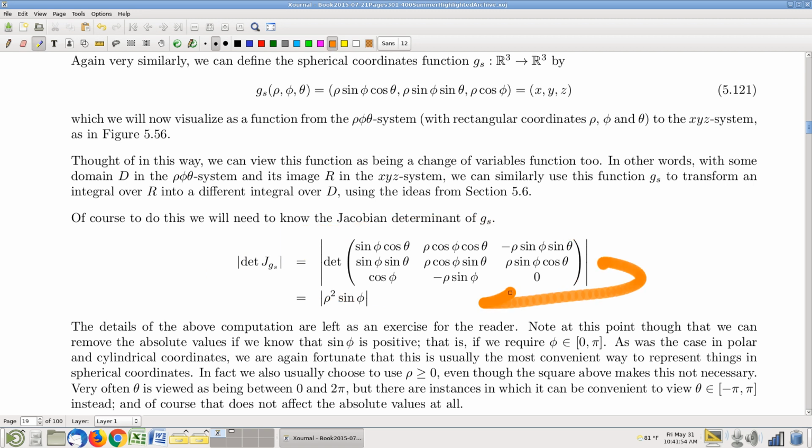I did mine. It's actually not that bad. Trig identities pop up all over the place. Look for numerous instances where sine squared plus cosine squared is 1. But if you crank out this determinant, monstrous though it appears at a glance, it simplifies dramatically. And what you get is rho squared sine phi.